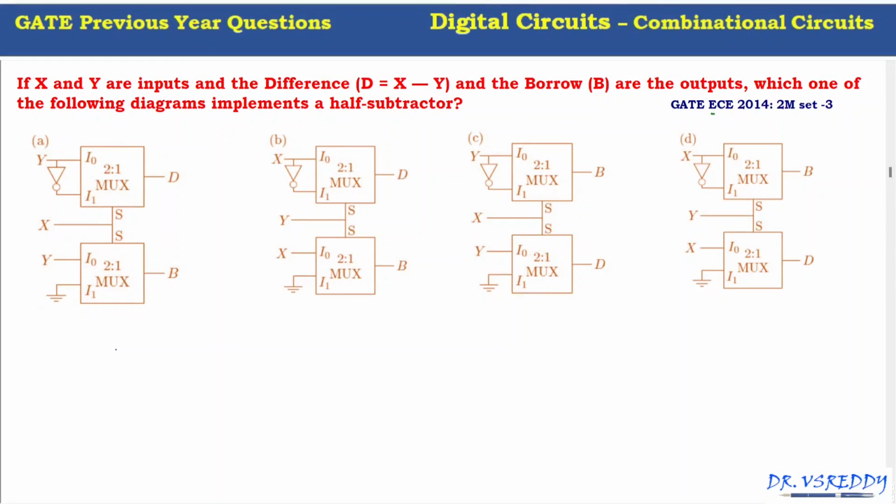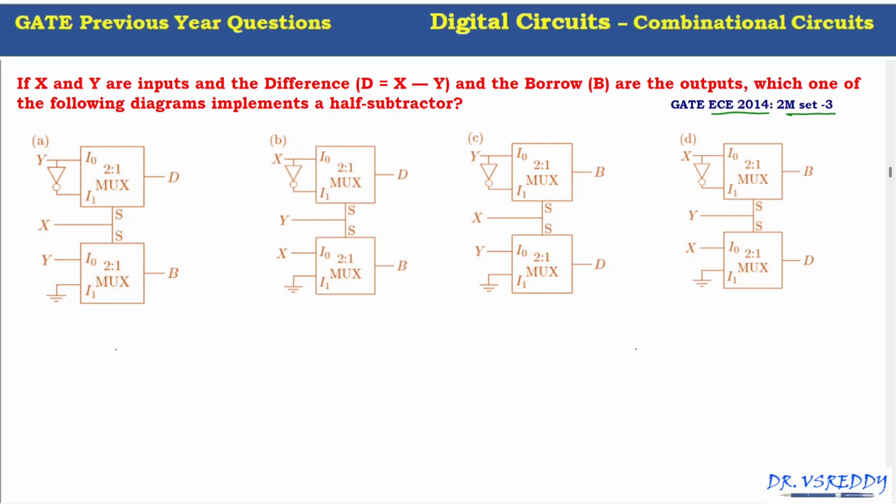This question was asked in GATE ECE 2014, set 3, a 2 mark question. If X and Y are inputs, the difference D is equal to X minus Y and the borrow B are the outputs. Which one of the following diagrams implements a subtractor?